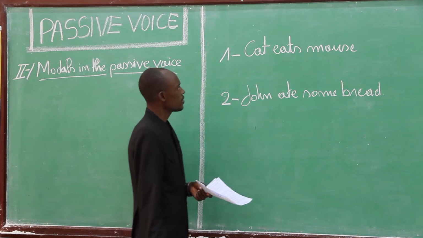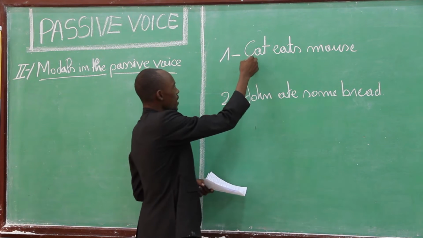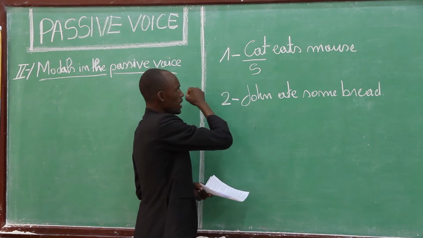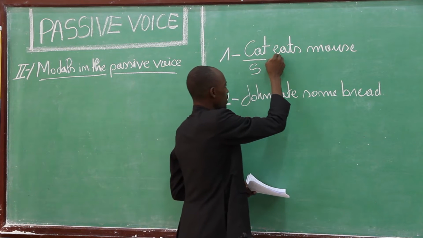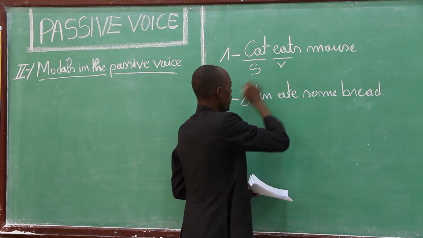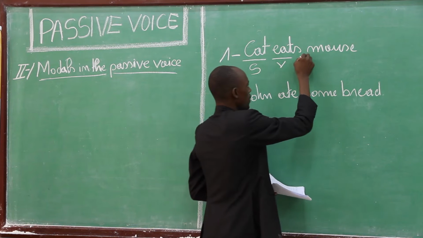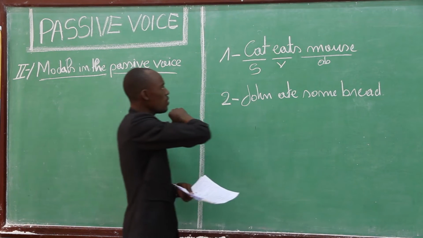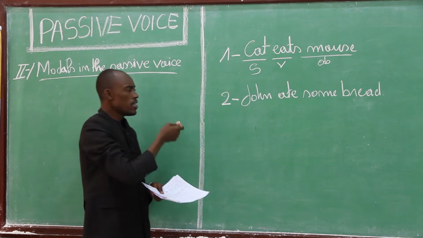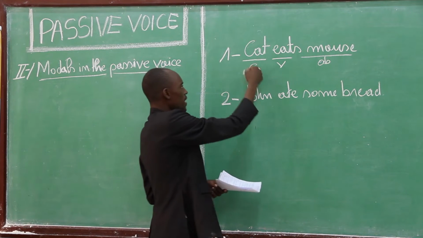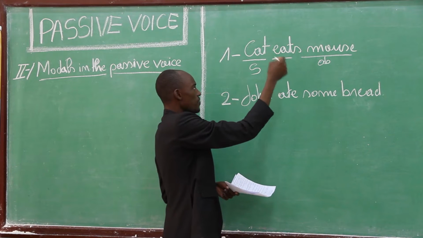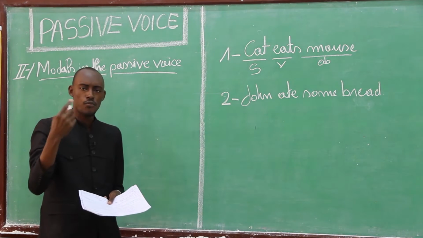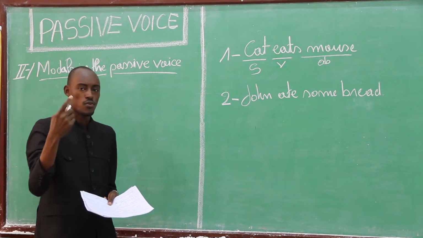Okay, let's say something. Here we have the subject, and after the subject we have the verb, and after the verb we have the object. The object is here. And what do we notice here? We notice that the subject does the actions of the verb. The subject performs the actions of the verbs.